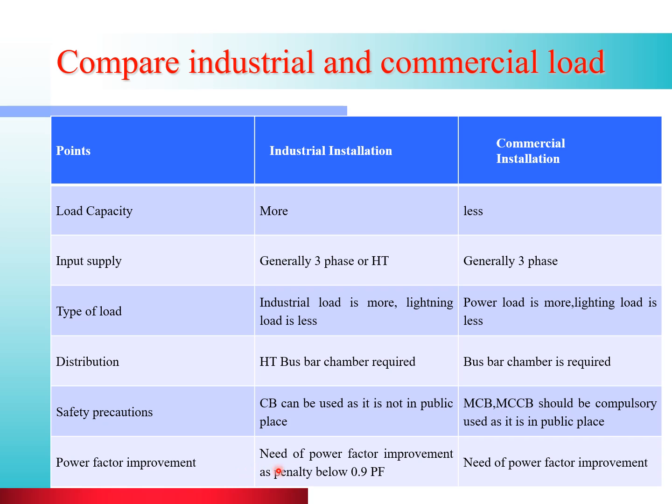Power factor improvement: for industrial installation, there is a need for power factor improvement as there is a penalty below 0.9 power factor. If the power factor goes below 0.9, there is a penalty, so there must be improvement in the power factor. For commercial installation, there is a need for power factor improvement, but there is no penalty.